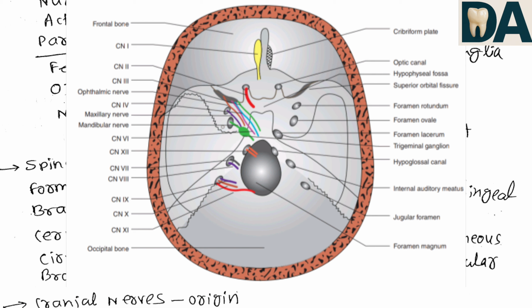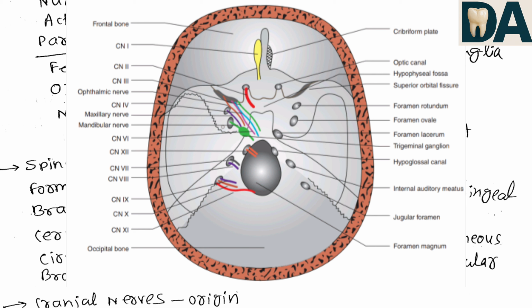Origin of cranial nerves. In general, the fibers of the motor nerves originate from a group of nerve cells in the brain called nuclei, and the fibers of sensory nerves originate from a group of nerve cells outside the brain.